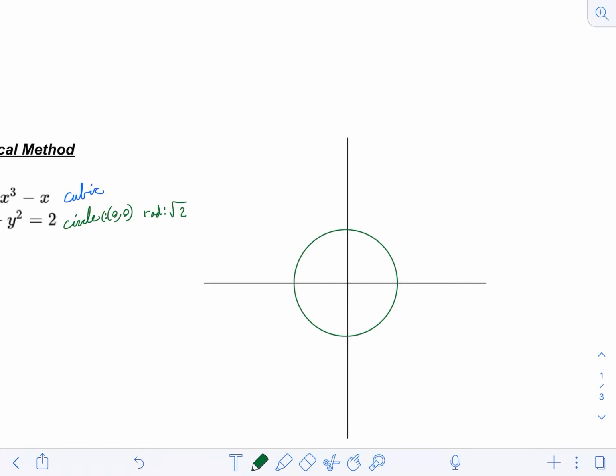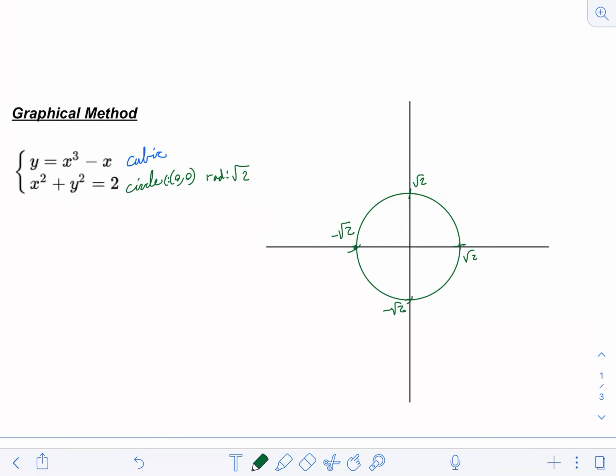Okay, the circle's got a radius of square root of 2, so each of these are square root of 2, square root of 2. This one, the y value is negative square root of 2, and here the x value is negative square root of 2 because they're on those negative axes. Okay, so we've got that, and then we have the cubic.